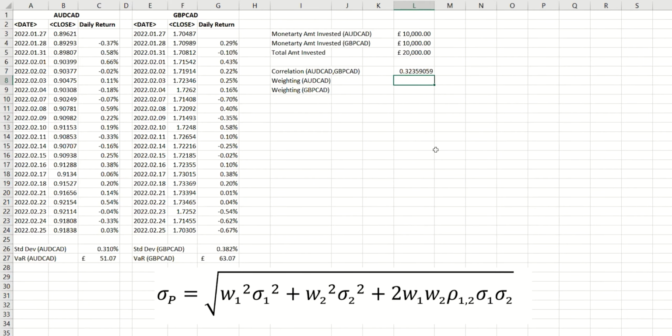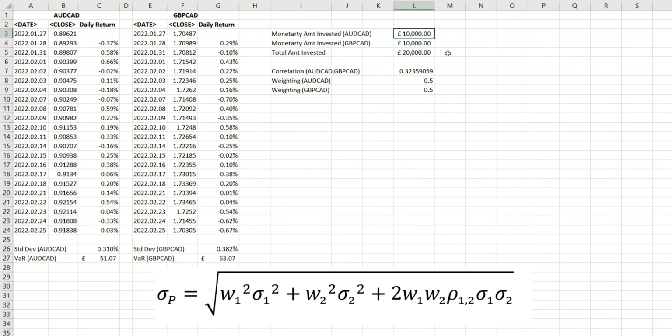And so in this case, the weighting for Aussie CAD is simply 10,000 divided by the total, which is 20. And the weighting for pound CAD is this value here divided by the 20. And so because we've got equal values here, of course we have 0.5 and 0.5.